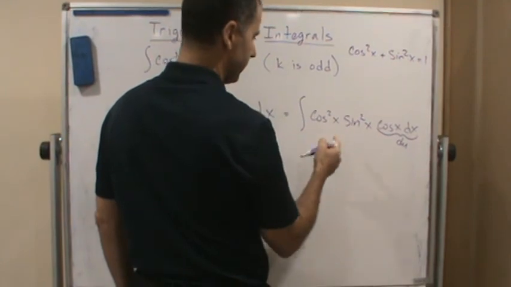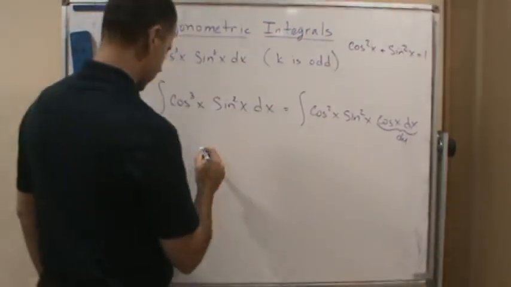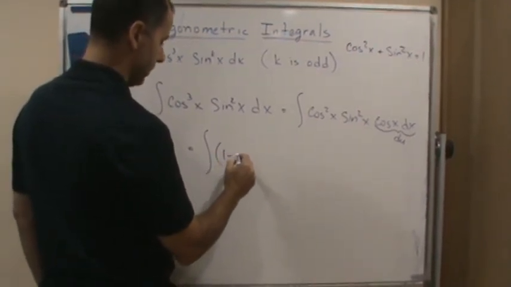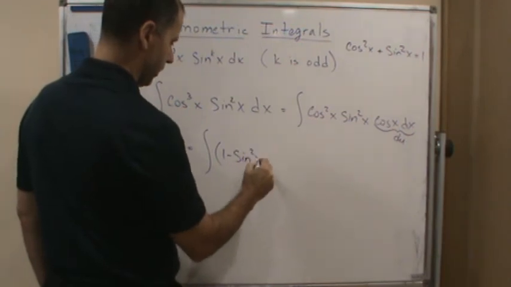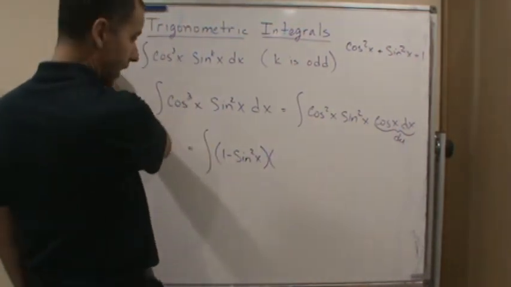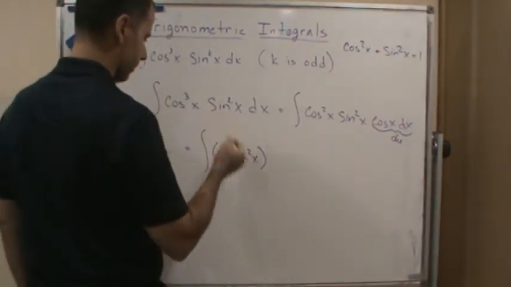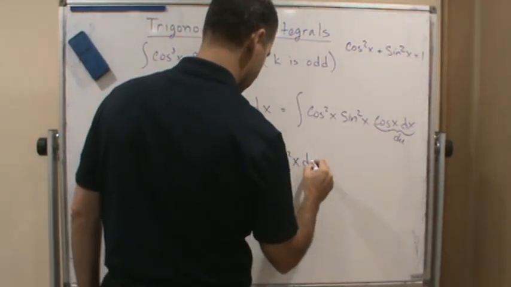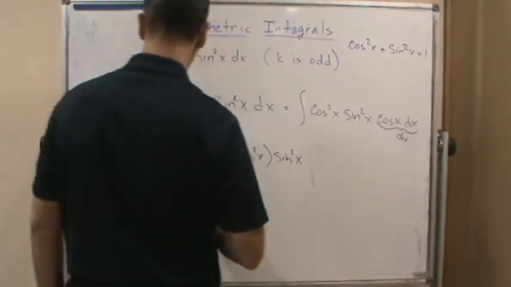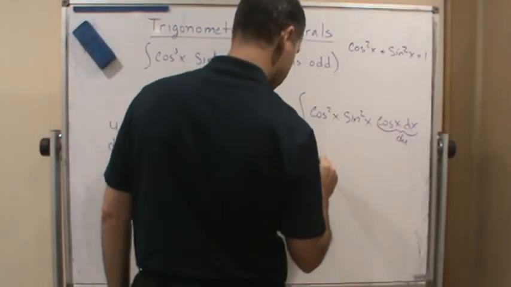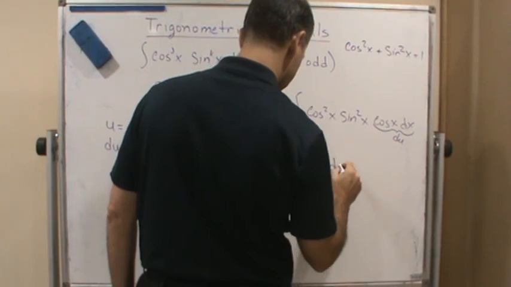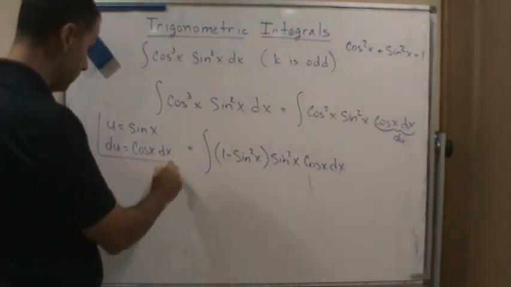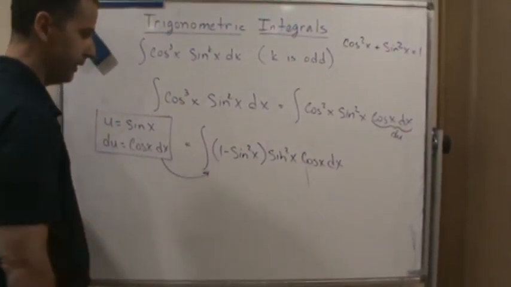By using this identity, this is going to equal 1 minus sine squared x, times sine squared x, times cosine dx.